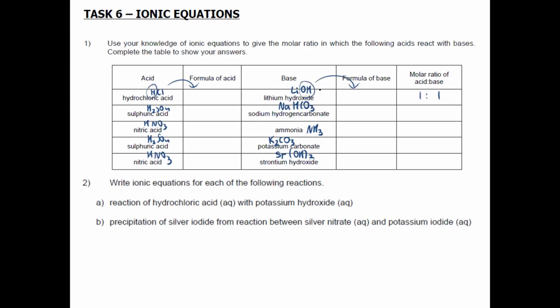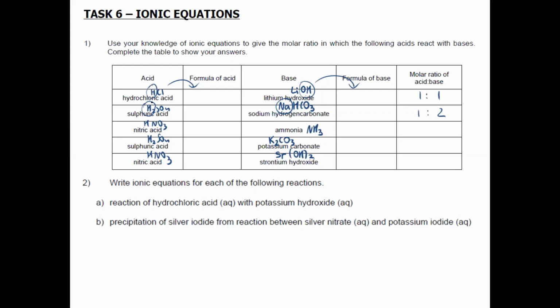The second one, we've got H2SO4, and then we have NaHCO3, so it's the sodium that's going to come in. So I need twice as many of these, so the ratio will be 1 to 2 because the hydrogen carbonate is together and it's the sodium and the hydrogen that are going to swap about.